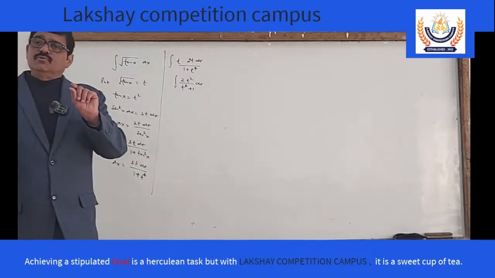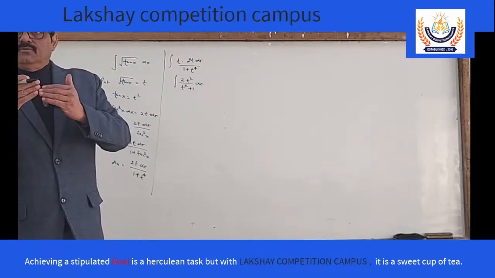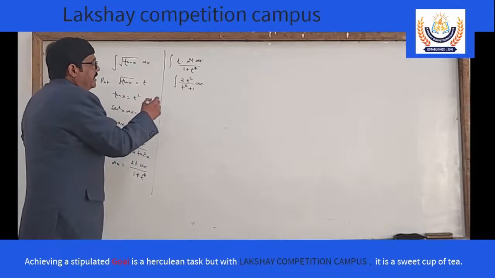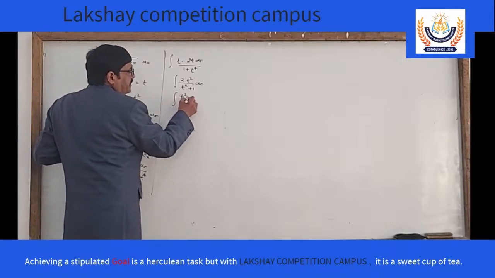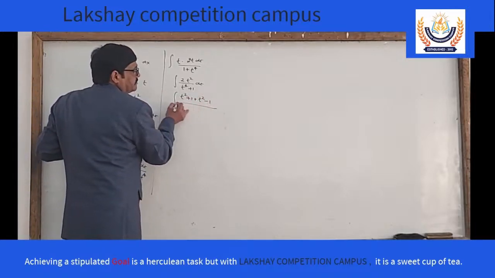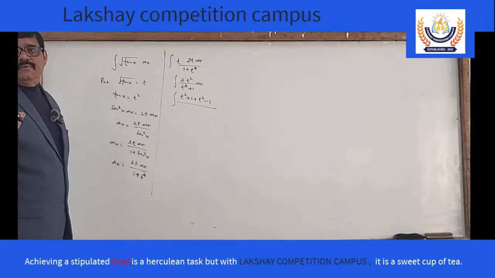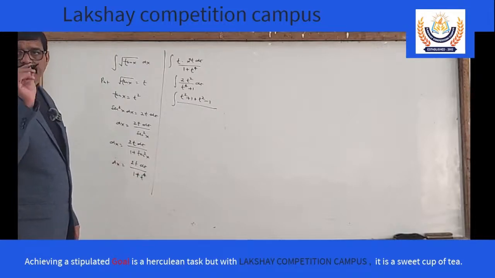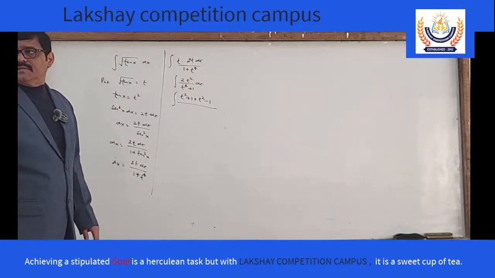Now to solve this problem, we find two parts. Adding and subtracting 1, I write 2t² as t² plus t².